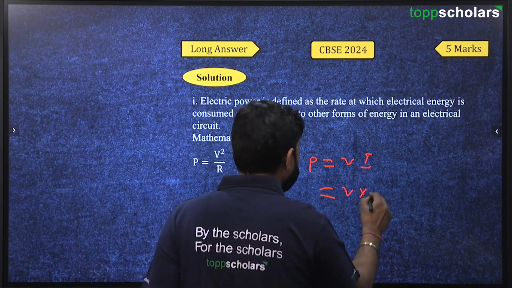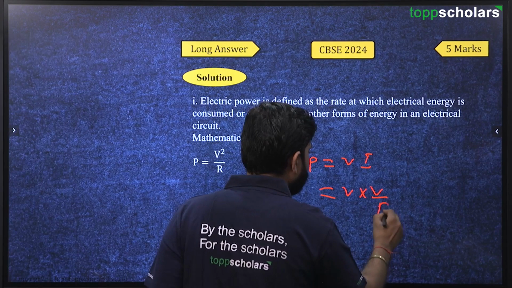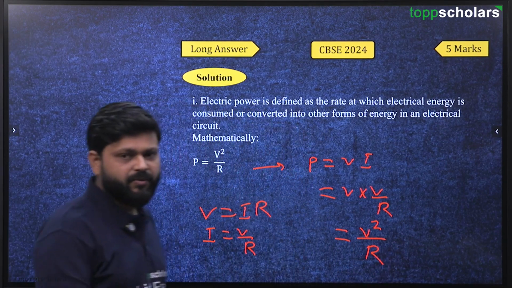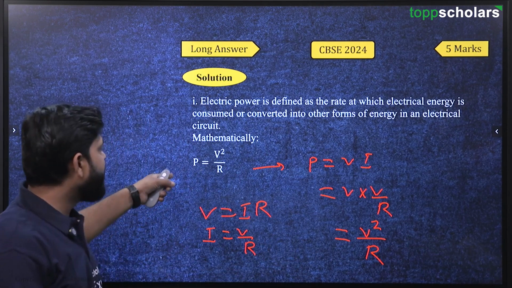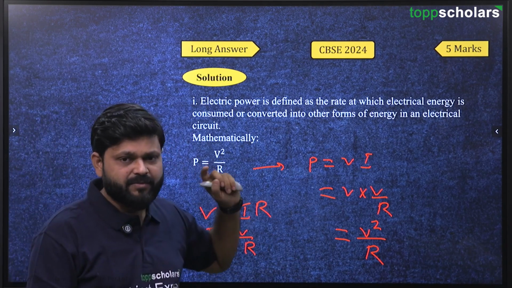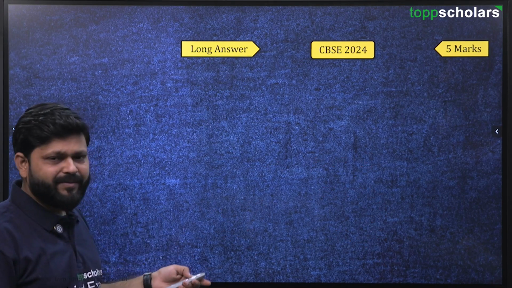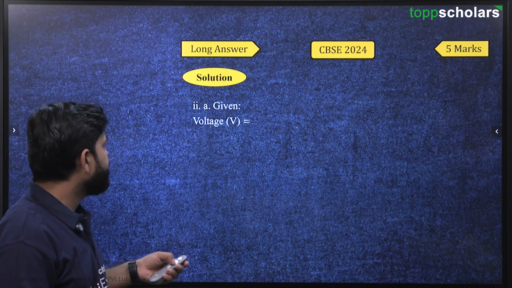V into V upon R, so it will be V square upon R. The same thing we have got in terms of mathematics, right? Where P is power and V is potential difference, as we well know.